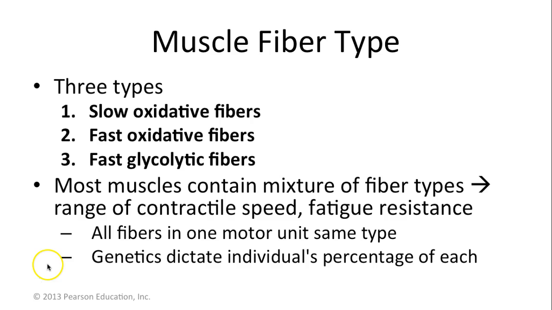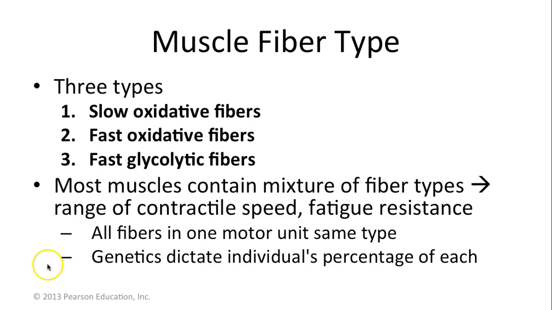So you notice the glycolytic ones don't have much in terms of ability to make ATP. They of course have mitochondria and they make a supply of ATP, but it's pretty insignificant compared to the other two. The dark fibers, or the slow twitch fibers, are going to be flooded with mitochondria and myoglobin.